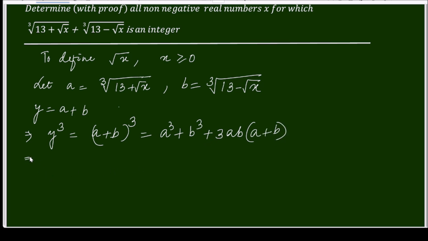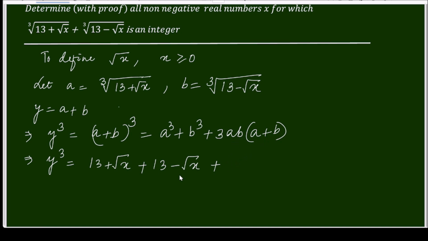So if I put the value of a and b, certainly if a is cube root of this, a cube will be 13 plus square root of x. Similarly, b cube will be 13 minus square root of x. And here it will be 3 into ab into a plus b.